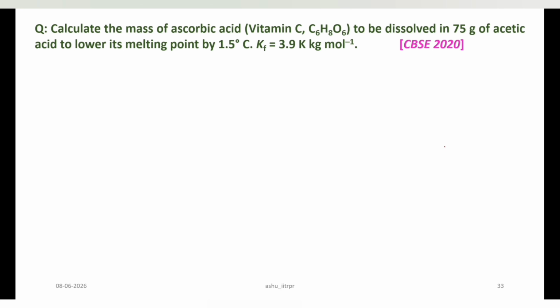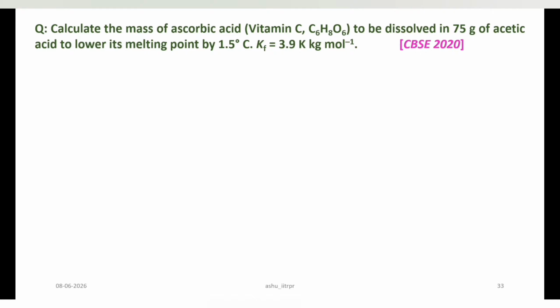Okay, now coming to the numerical part, let us discuss one question. We will cover the numerical part in detail when we discuss the Van 't Hoff factor. Calculate the mass of ascorbic acid, formula given, to be dissolved in 75 gram of acetic acid to lower its melting point by 1.5 degrees Celsius.